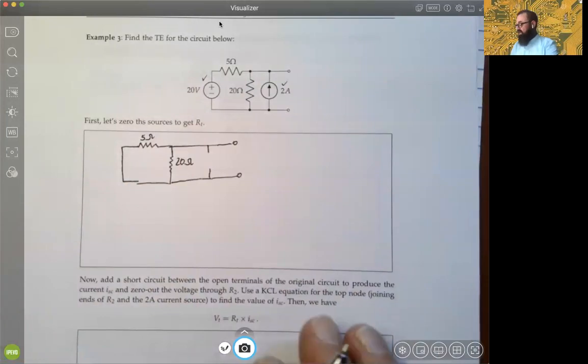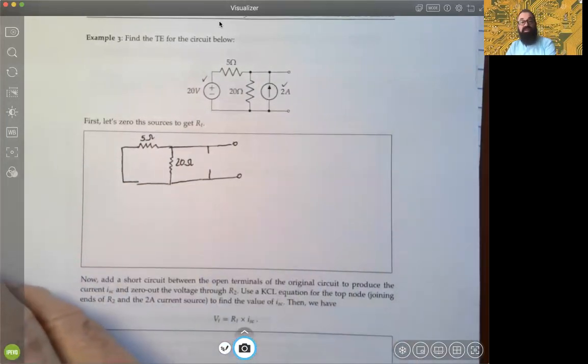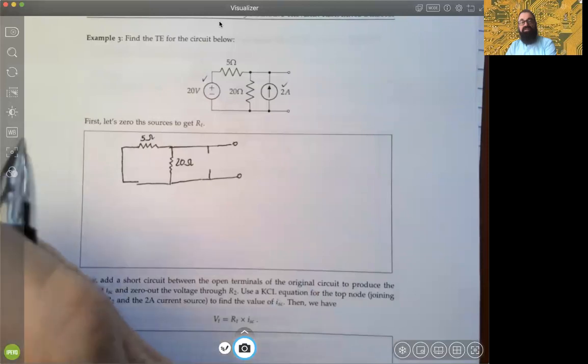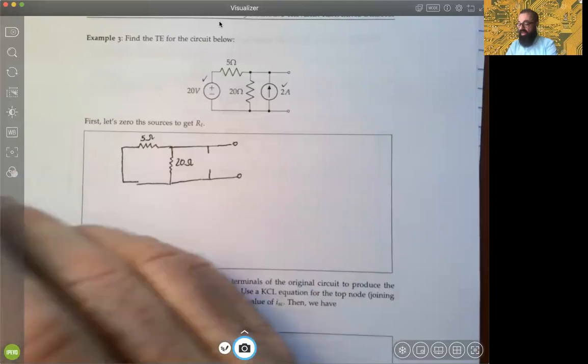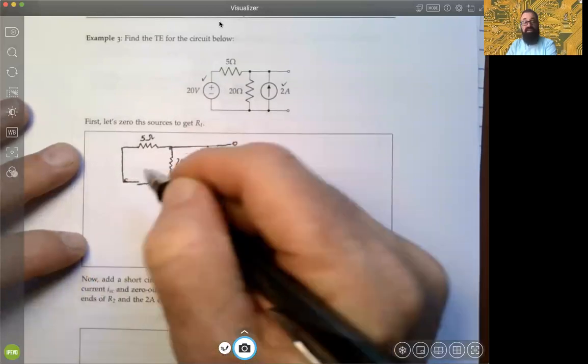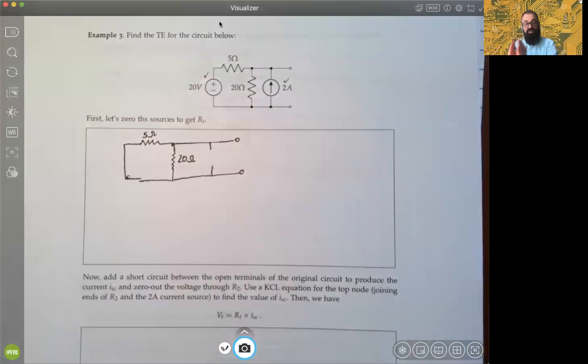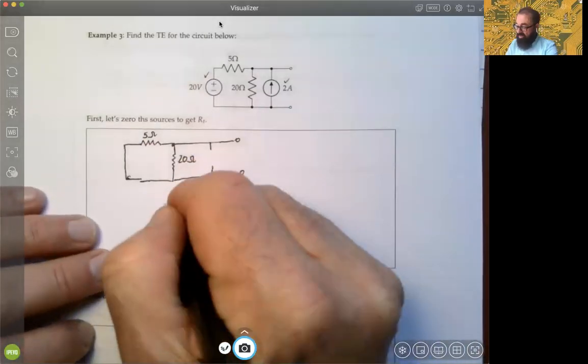So the idea now is to look at how to reduce this to an equivalent, and that will be the Thévenin resistance. Is there any relationship between series and parallel? If you realize that these are attached end to end, you could bend the wires around and show that they actually would look parallel. So in this case, they are.